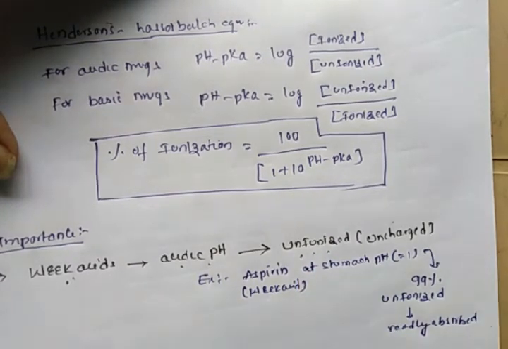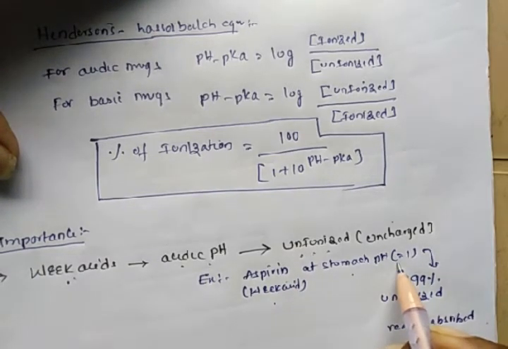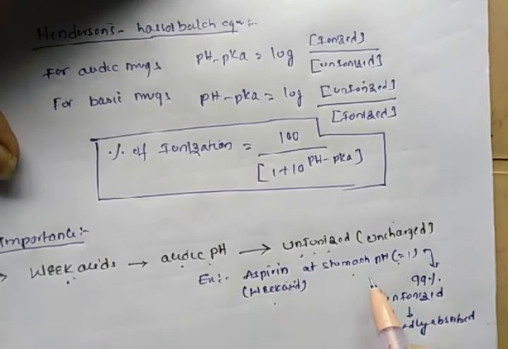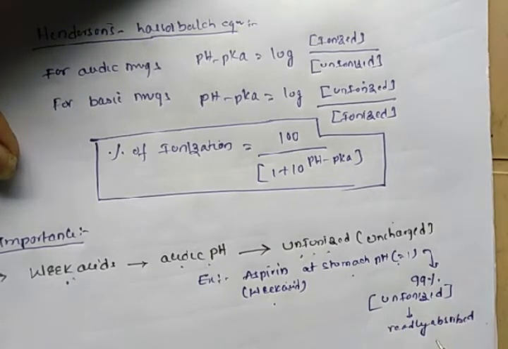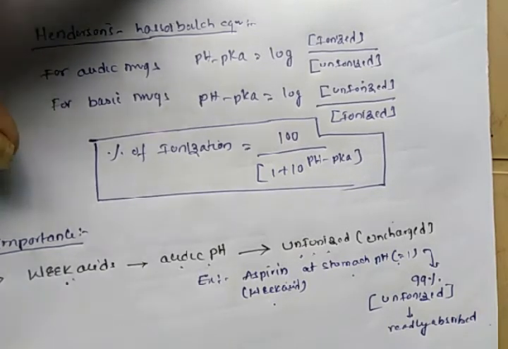As a result, it easily undergoes absorption. So aspirin is a weak acid, the stomach has a very acidic pH, and when aspirin is exposed to the stomach pH value of 1, 99% of the drug exists in unionized form. So it easily absorbs through the GIT cell membrane. This is okay.